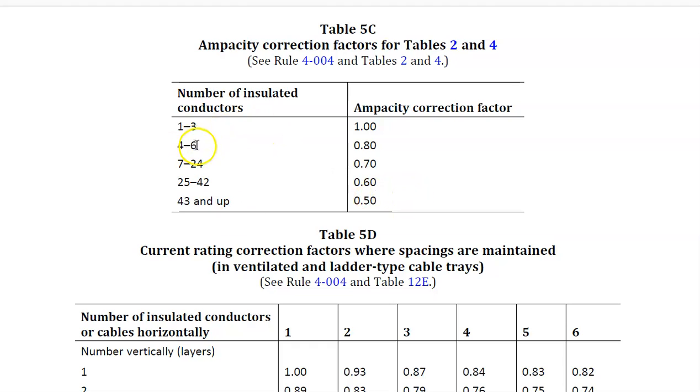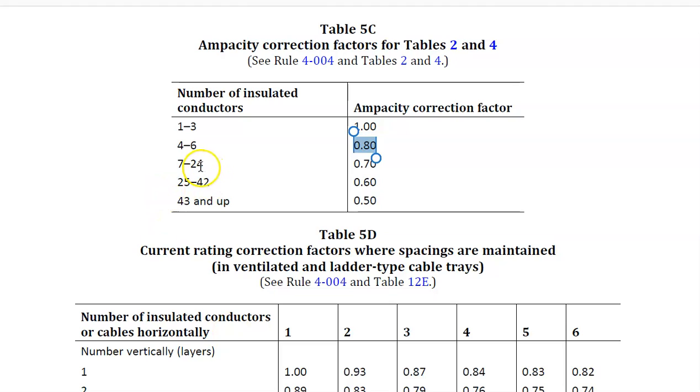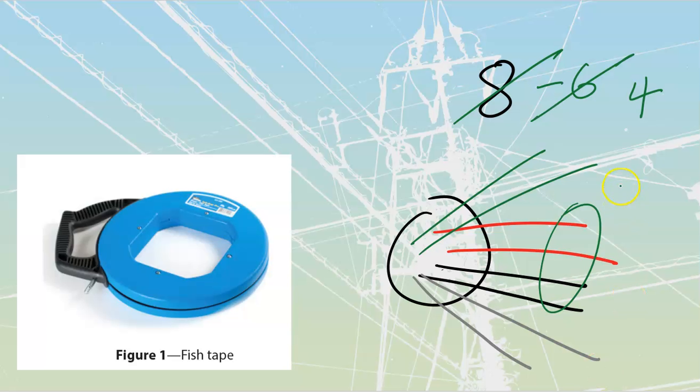If I take a look at table 5C, I'm going to have to derate my conductors down to 80% because there is what we consider to be 4 active conductors inside of there. You would not want to be derating it down to 70%. Yes, there's 8 physical conductors, but 2 of those conductor types, neutrals and bonds, don't get counted for doing my derations inside of there. So this one, we would only need to derate our conductors down to that 80%.